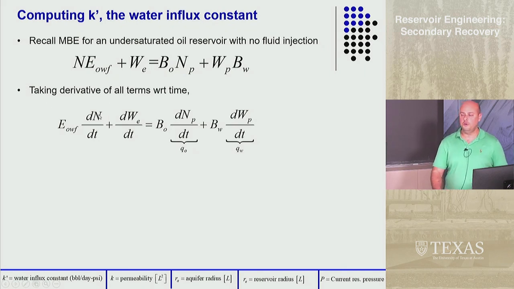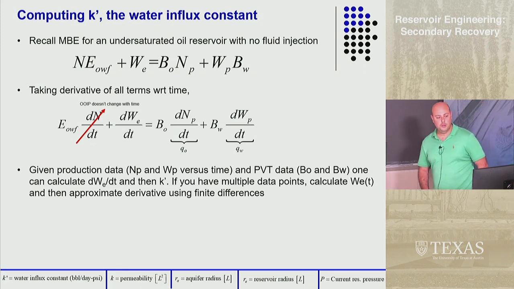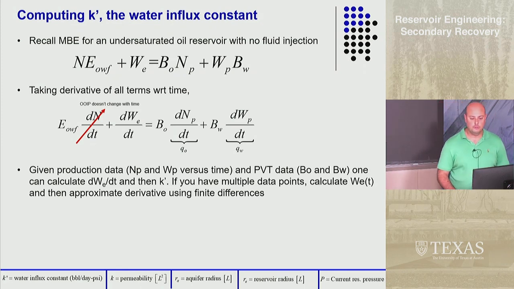That's how much oil was there originally. That doesn't change with time. The amount of oil there might change with time, but the original oil is by definition a constant. So dN/dt is 0. So then dWE/dt is given as QO BO plus QW BW.